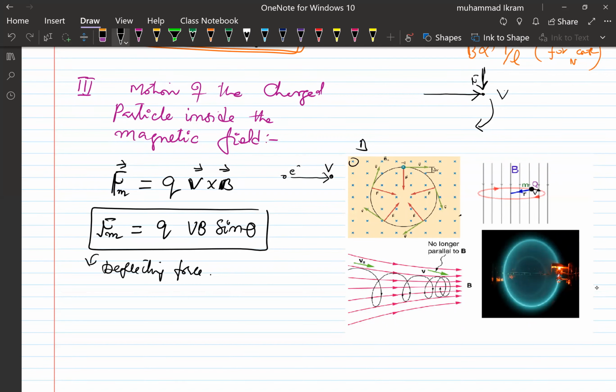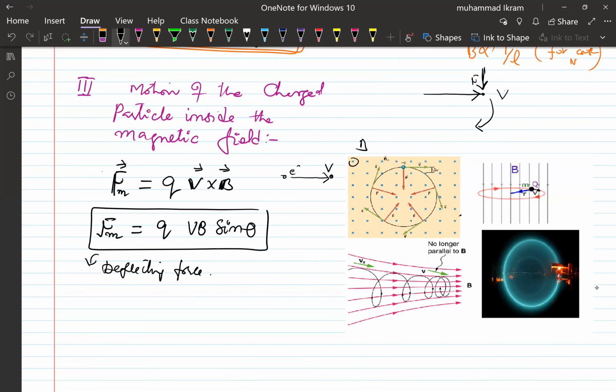As you see here, the strength of the force is directly proportional to the magnitude of the charge. It depends on the speed of the particle, and it depends on the magnetic field strength B. Greater the magnetic field strength B, the greater will be the force experienced. Greater the velocity, greater the force it will experience, the deflecting force.